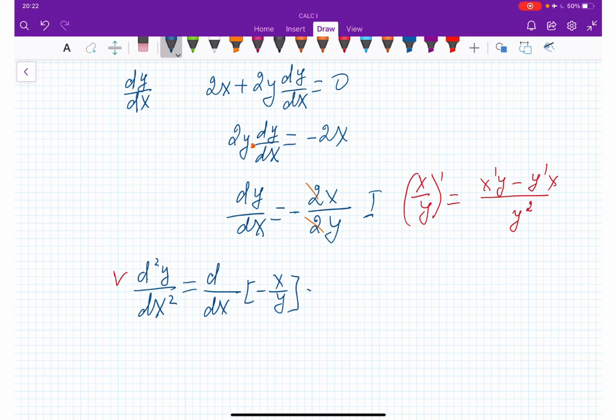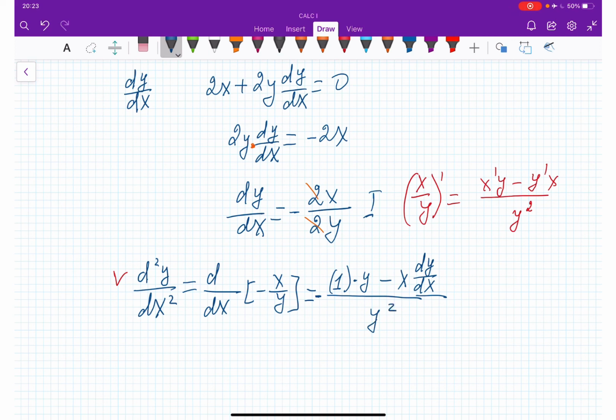So this is going to be equal. Derivative of this negative, I will leave in front of the fraction, we are not going to touch it. So derivative of x is going to be 1 multiplied by y. Next, minus x stays, and we're going to take derivative of y, which is going to be dy by dx, yes? And divided by y squared.